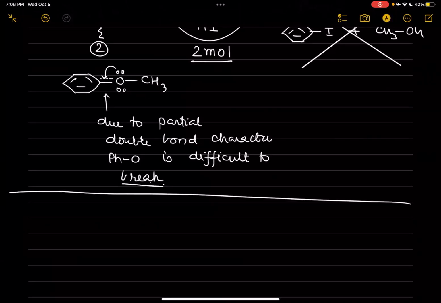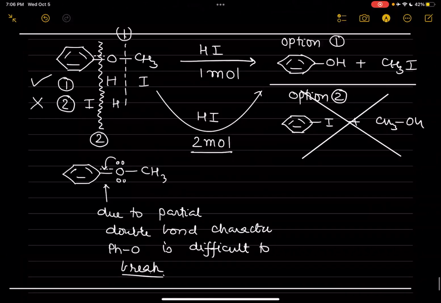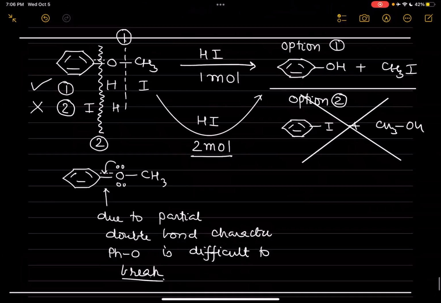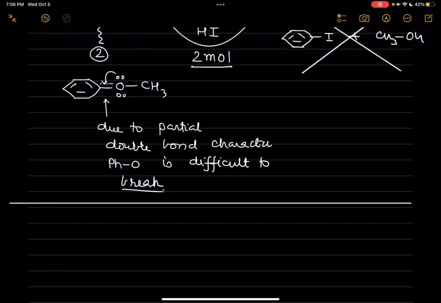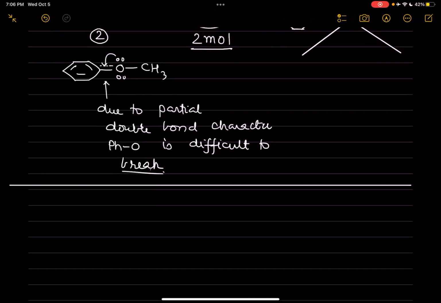So this is one type of problem while you break the ethers with HI. There is one more type of problem related to the cleavage of ether.